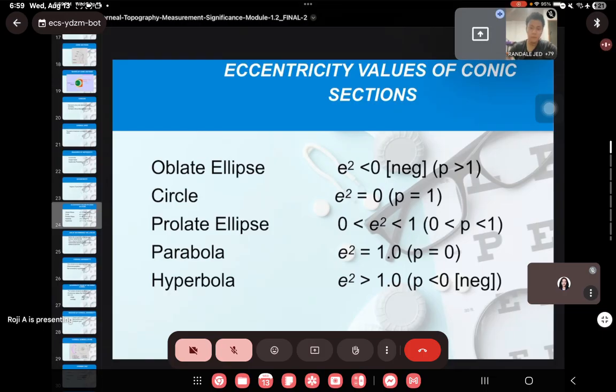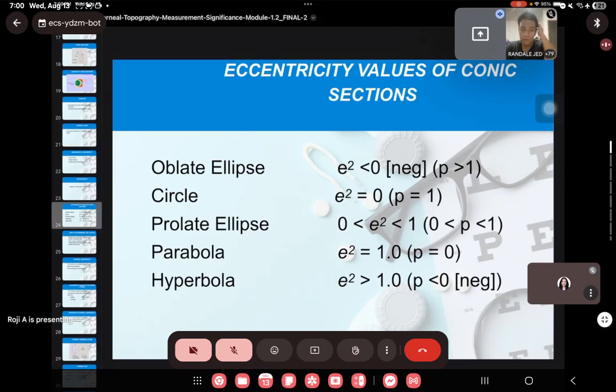Now you can see here, these are the values. Oblate, you can see that it is lesser than 0. Circle is 0. Prolate is between 0 and 1. Parabola is equal to 1. Hyperbola is the one that is greater than 1.